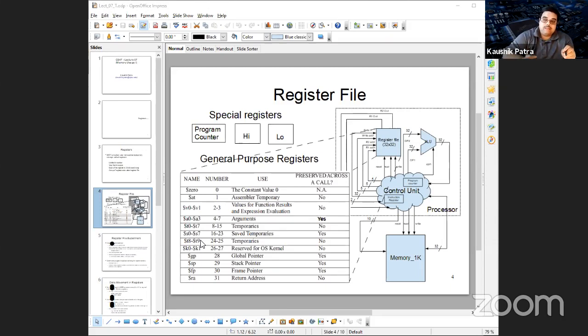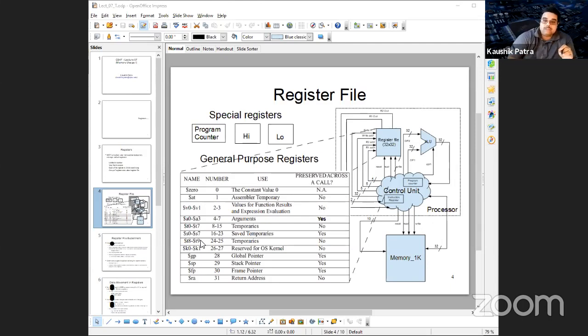The function that you are calling can override the values in the temporary registers. So if you call a function and you store something in a temporary register, assuming it will be preserved after the function call is done and control comes back to your routine, you may be wrong.